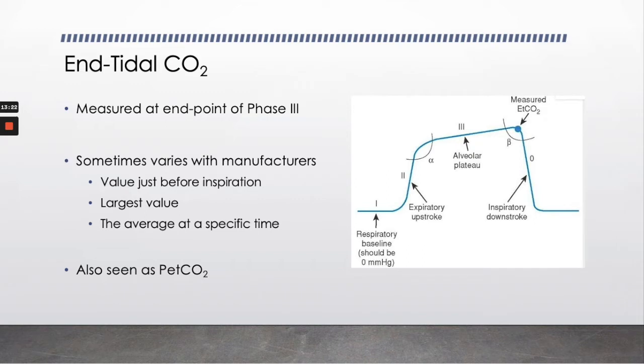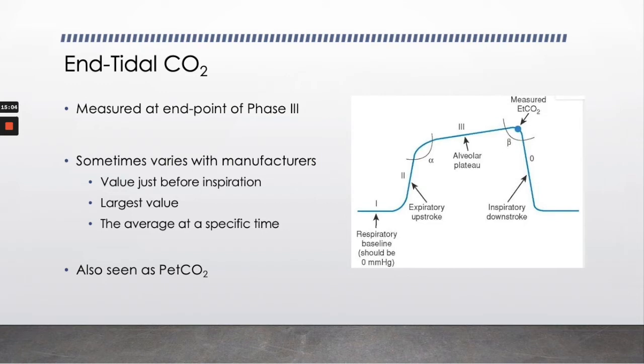It could be the PCO2 or PaCO2 value just before inspiration, or the largest PaCO2 value during a single exhalation cycle, or the PaCO2 value at a specified time in the capnograph that's averaged across several breaths. It's just different ways that it can be measured, and it varies by manufacturer.